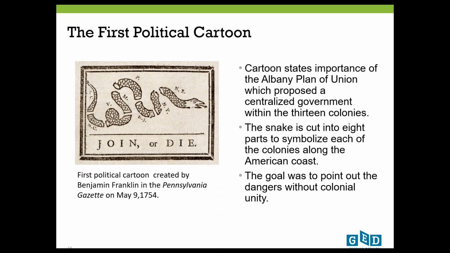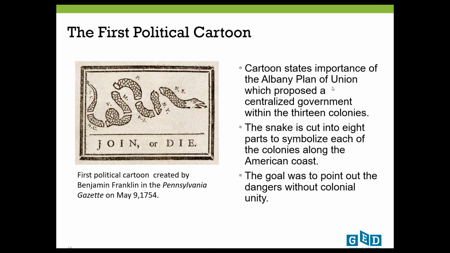And so what you see is the snake is cut into 8 parts. And that's to symbolize each of the colonies along the American coast. The goal was to point out the dangers that were inherent if you didn't have some type of colonial unity. The united we stand, divided we fall type of attitude.